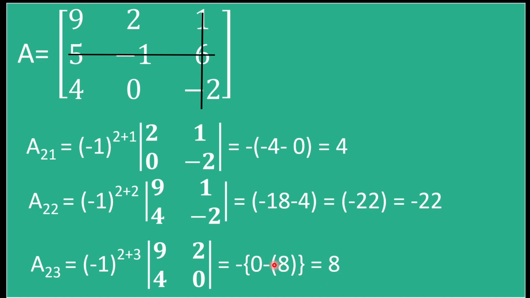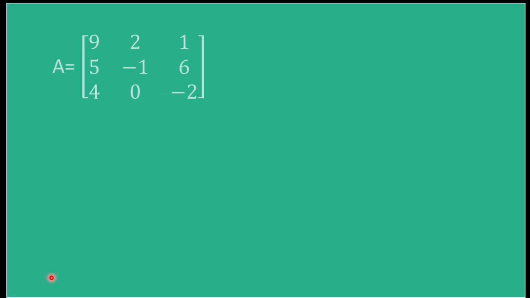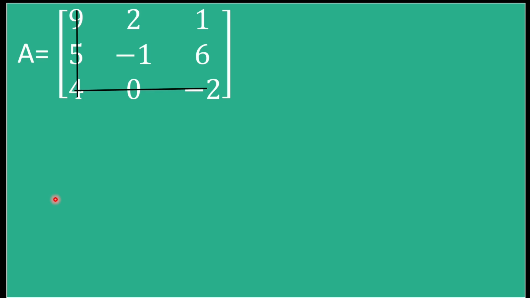So now we have values of A21, 22 and 23, which are these, and now we will find out the values of 31, 32 and 33. So to find these values, we will use this row number 3, and we will eliminate row number 3 and first column.